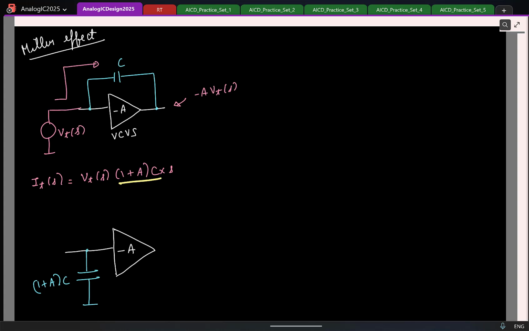Now similarly, we can also argue the other way, that is, if I have minus A here, again the same thing. I can argue that, let us say, if this voltage is Vx, this will be minus Vx by A. So the current drawn in this branch is going to be Vx into 1 plus 1 by A times Sc.